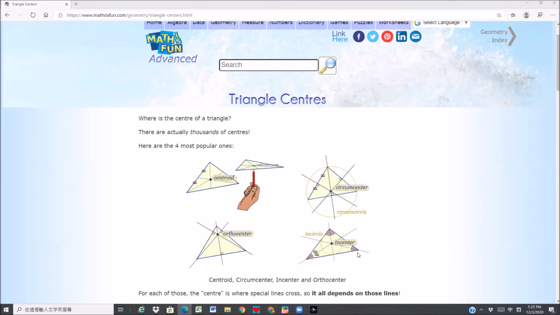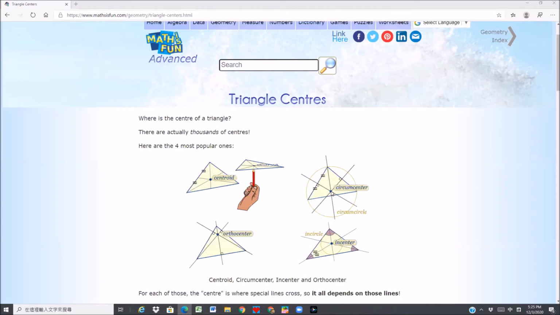And the second one is the angle bisector. The angle bisectors intersect at a point which we call in-center. From the in-center, you can draw a circle which is inscribed in the triangle. And then the third one is the perpendicular bisector.